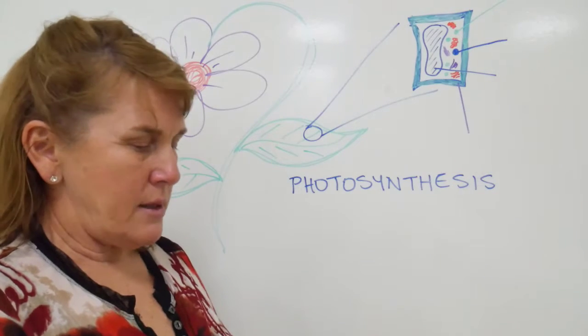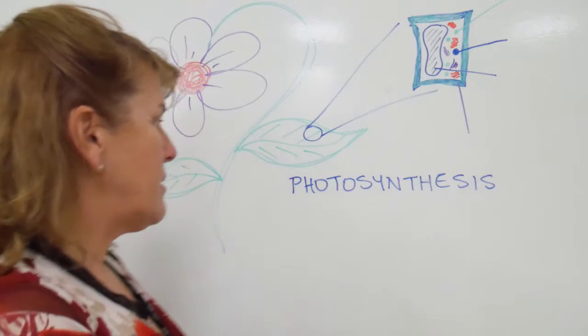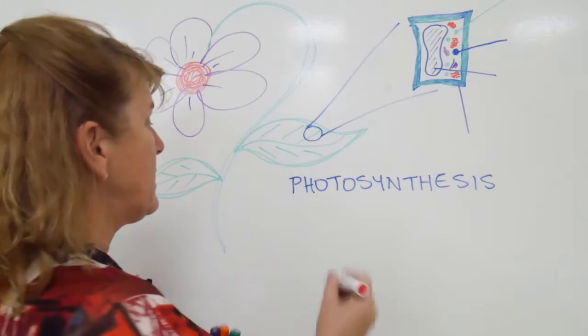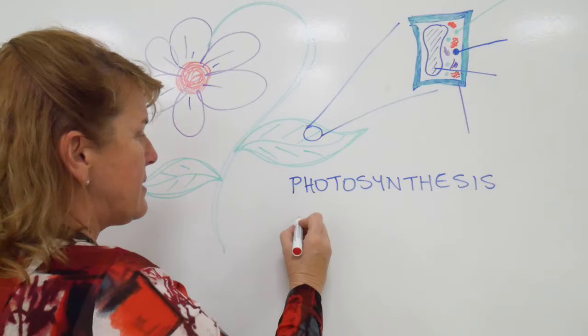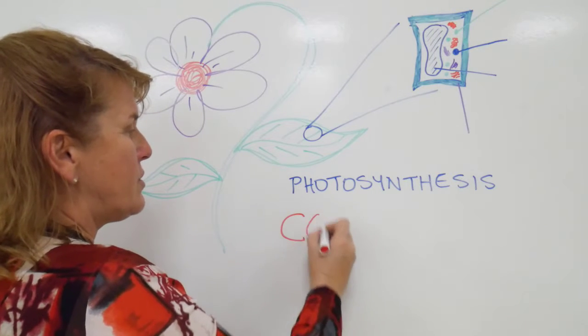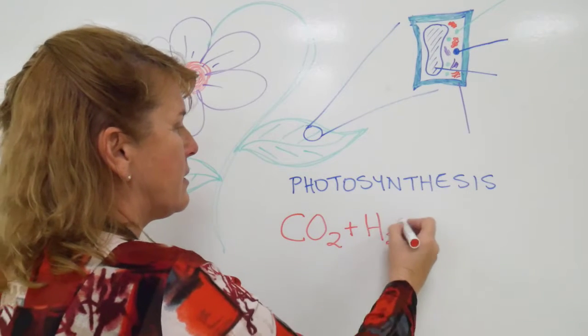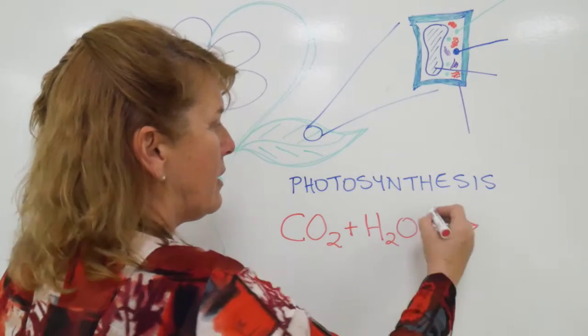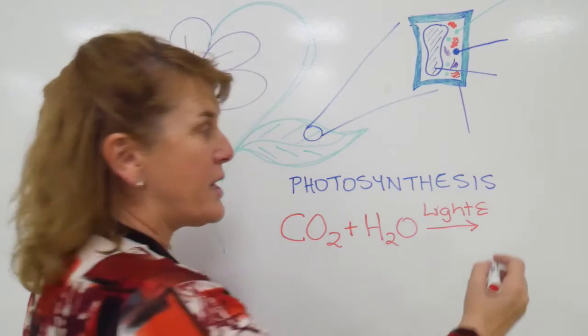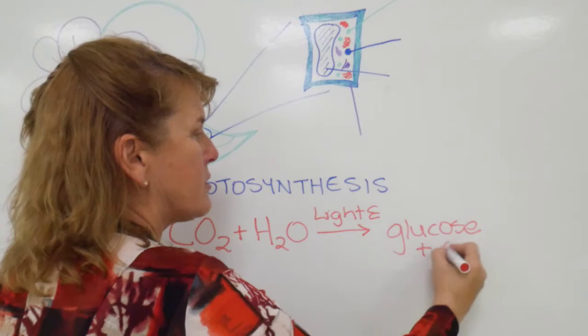So the process whereby it does that can be written as a word equation. The word equation is that the plant takes in CO2 plus water, and in the presence of light energy generates glucose and oxygen.